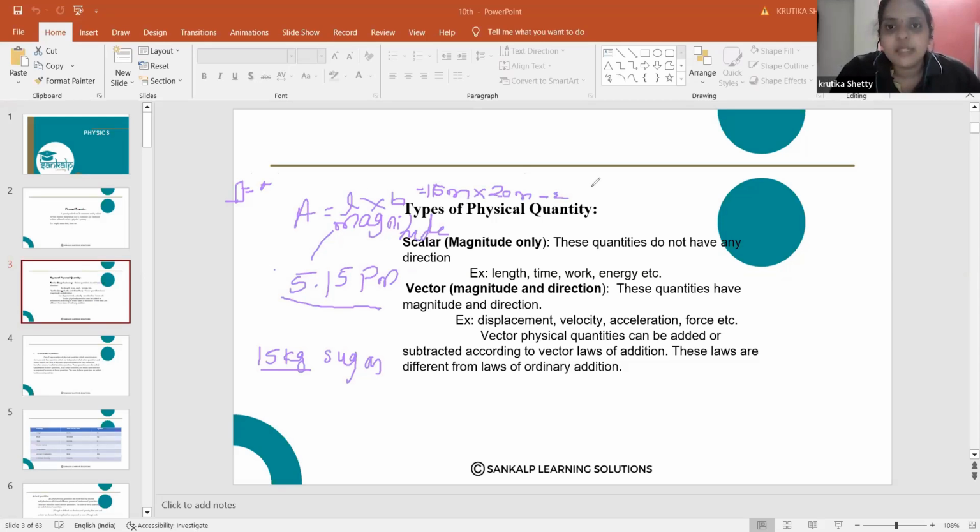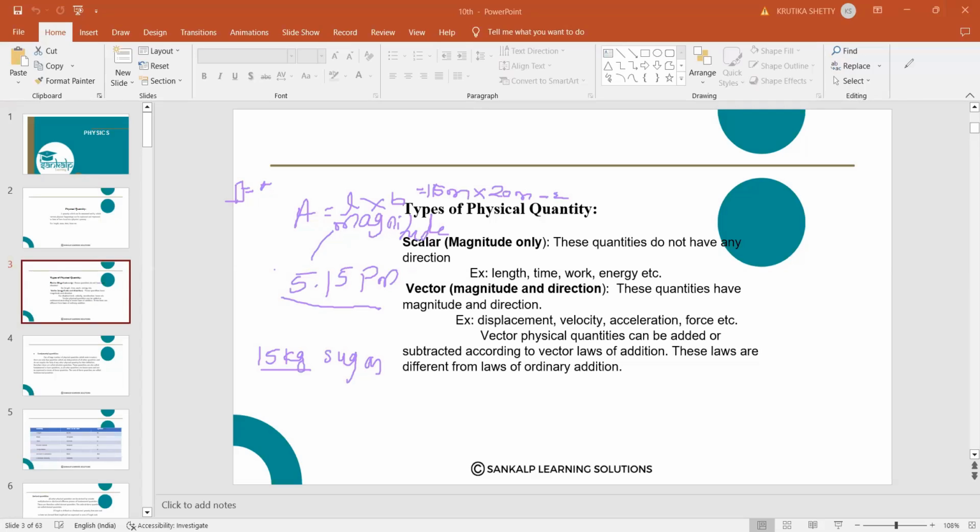Here we are not specifying the direction. So these are all called as what? Scalar quantities. You can see the examples here. Length is an example, time is an example, work is an example, and energy is an example. So these are called scalar quantities, which can be expressed only with the help of a magnitude.